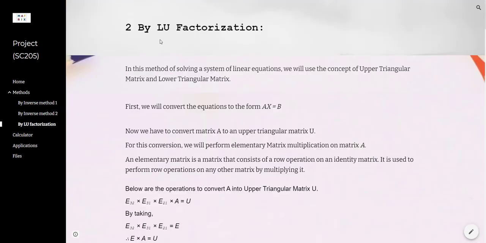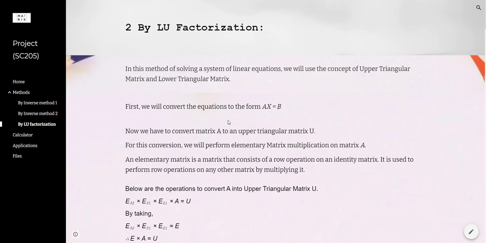Now we will see an efficient method for solving linear equations, and that is by LU factorization. In this method of solving system of linear equations, we will use the concept of upper triangular matrix and lower triangular matrix.